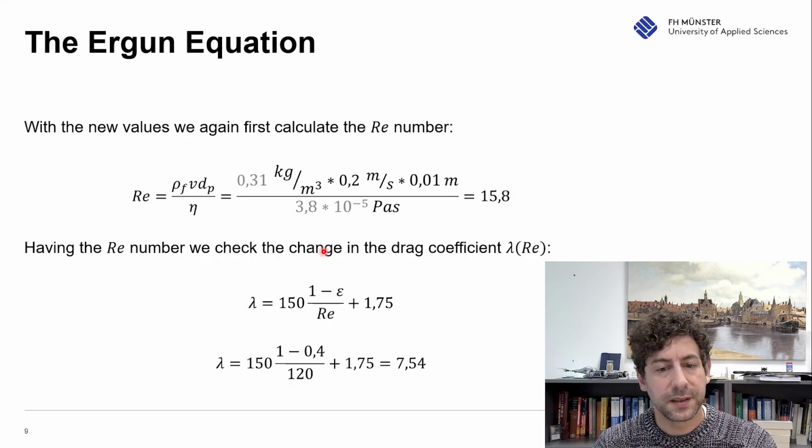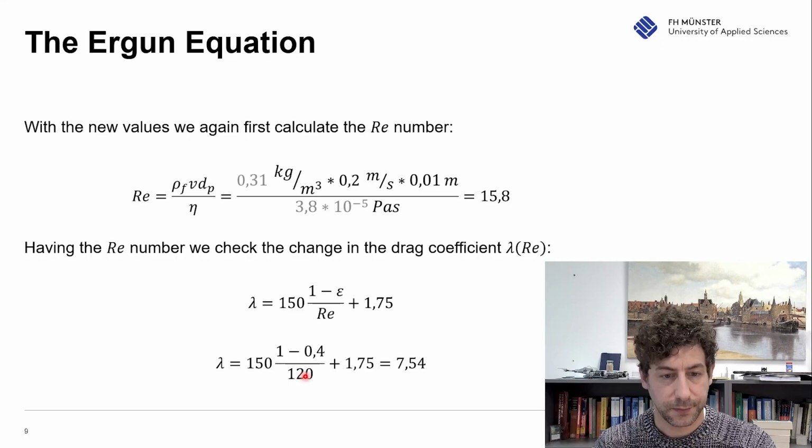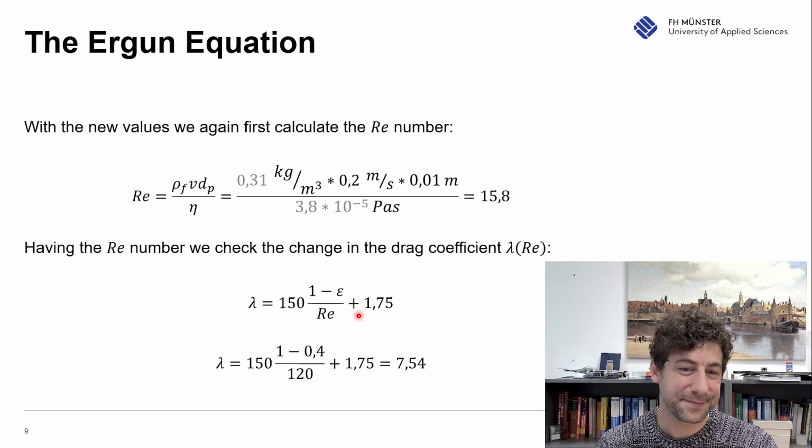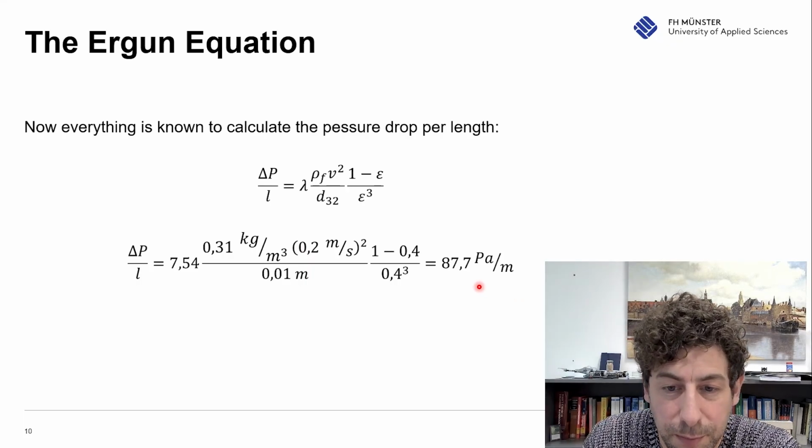And if we put these numbers into lambda, we get a slightly higher lambda. Sorry, here is the wrong number, but the calculation is correct. So this number should be 15.8. And if we then put our 7.5, which is the new lambda, into the equation here with the new density, then we will get an even lower pressure drop per meter.